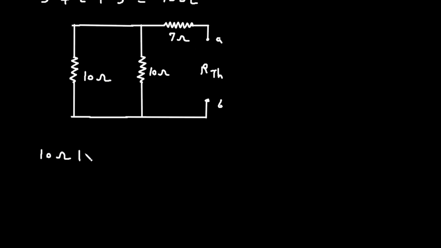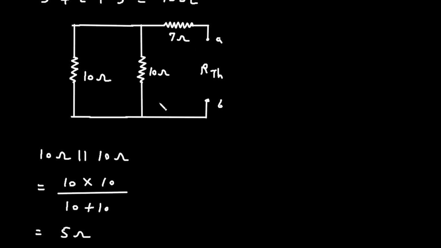Their values are equal, so their equivalent resistance will be half of it. Let's solve it in a conventional way. 10 into 10 divided by 10 plus 10. So this will be equal to 5 ohm.